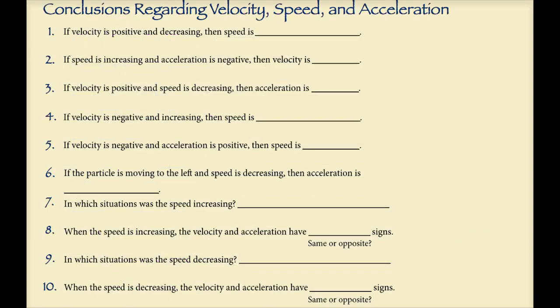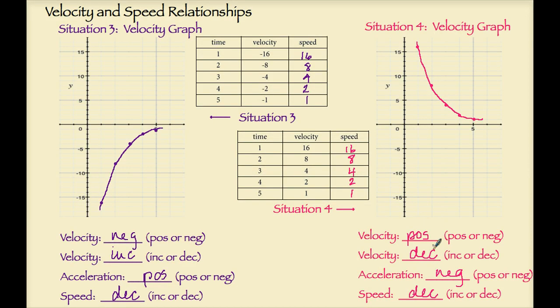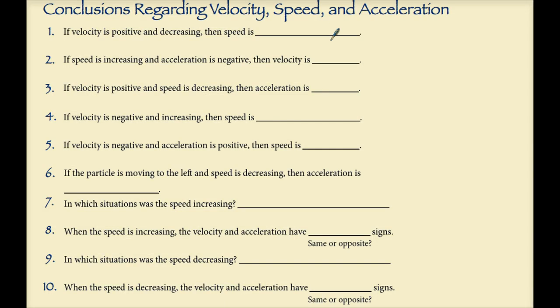All right, we're going to use those 4 situations to draw some conclusions regarding the relationship between velocity, speed, and acceleration. If velocity is positive and decreasing, then speed is, that was situation 4. Velocity positive and decreasing, speed was decreasing. If speed is increasing and acceleration negative, what was velocity?